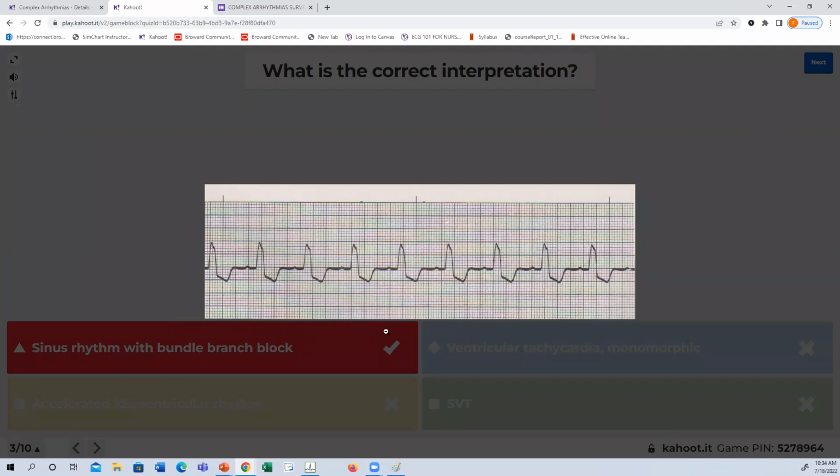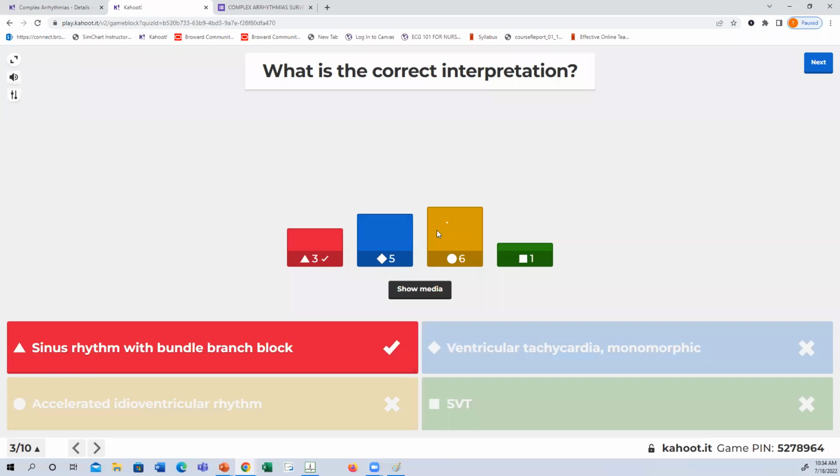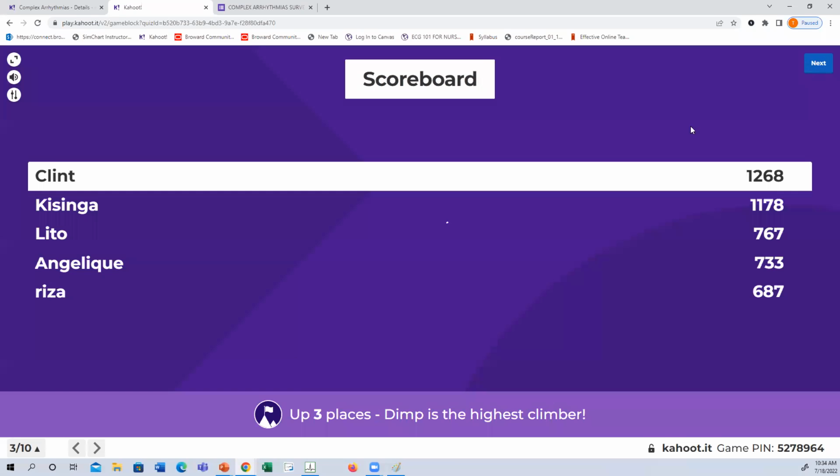So this is a manifestation of a bundle branch block occurring. So let's see. Again, Angelique is now the fastest, with Clint, Kisinga, Lito, and Abby being also runners-up, and Dimp is the highest climber, which means it's got the best improvement.